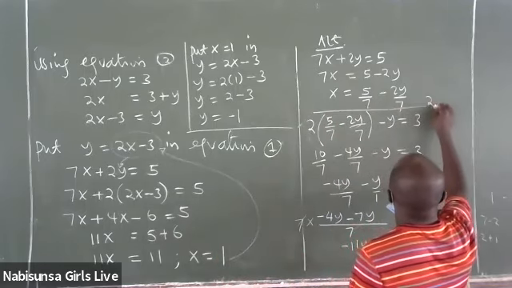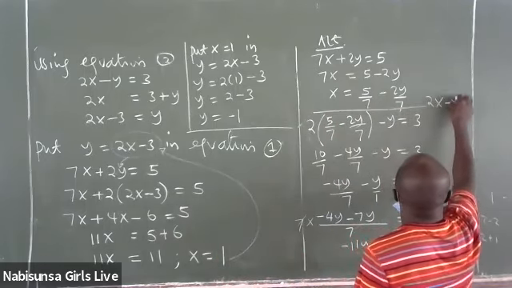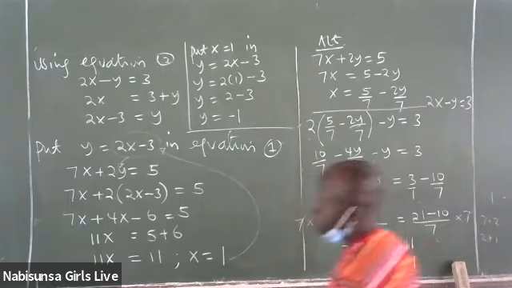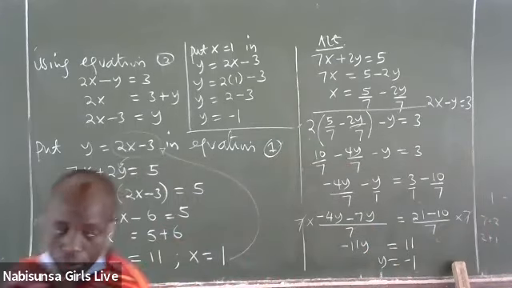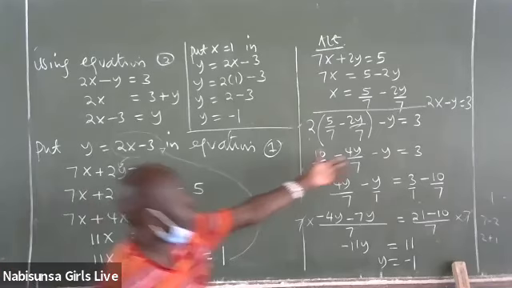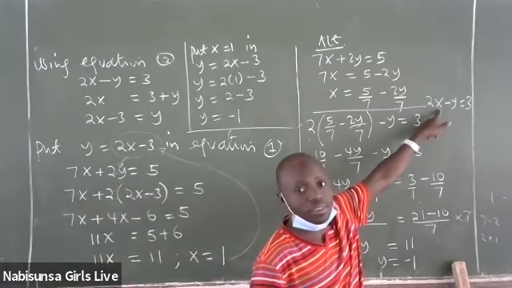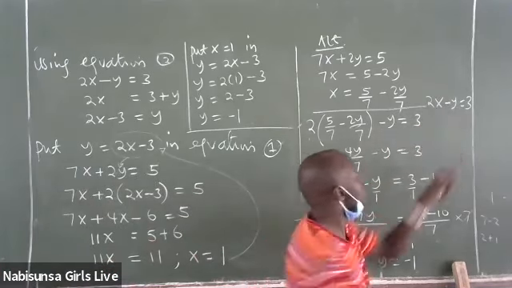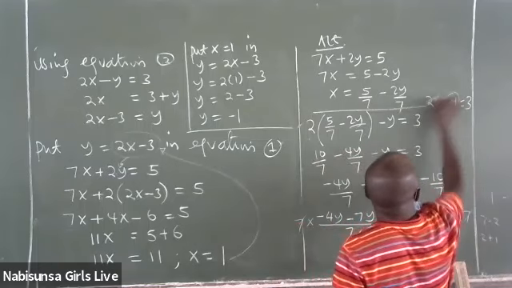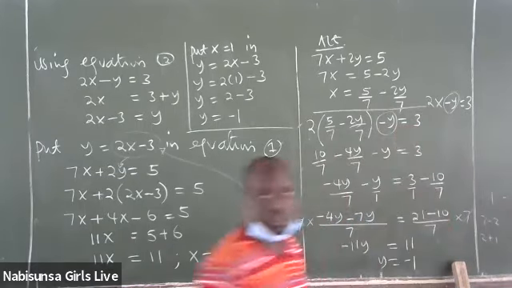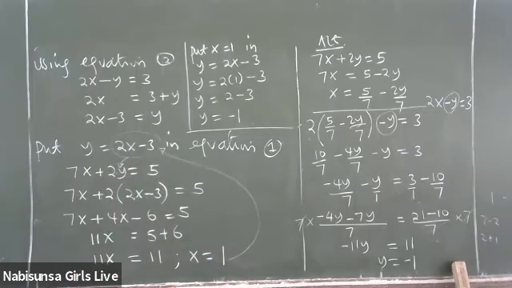You remember this equation is 2x minus y is 3? Do you remember that equation? Yes. I'm substituting my x. So this one is not being tampered with. Are you okay? Okay, teacher. Thank you, teacher.